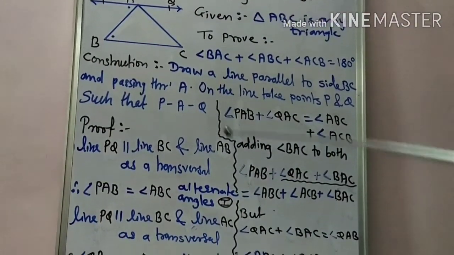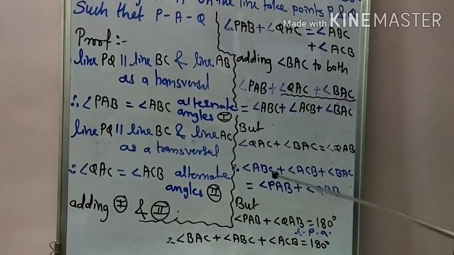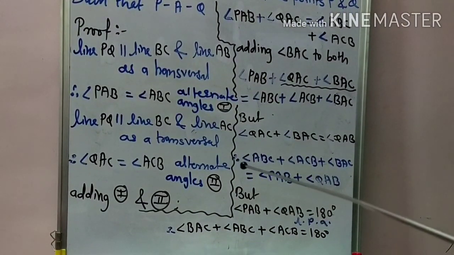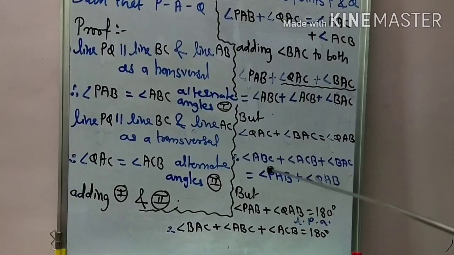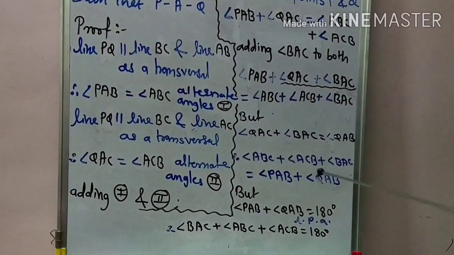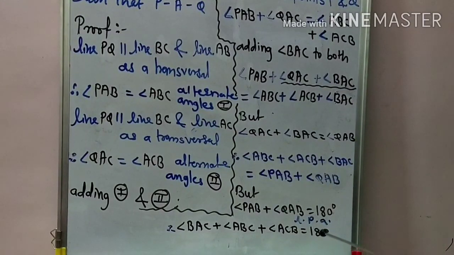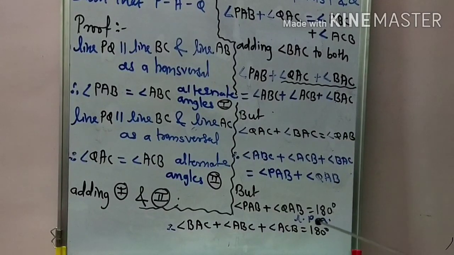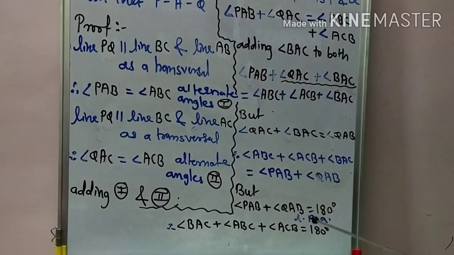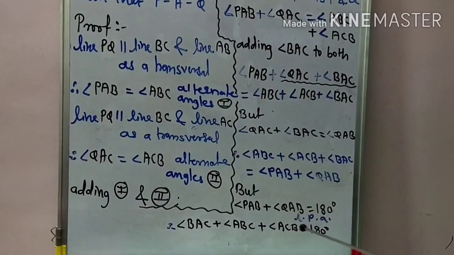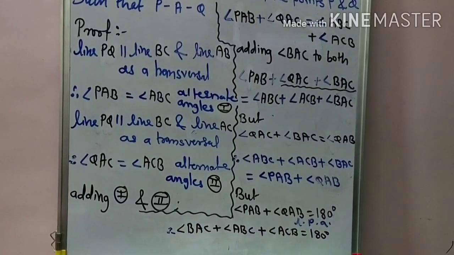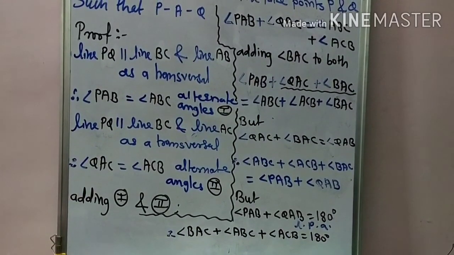Linear pair angles, and hence the sum of these two angles is equal to 180, which means the sum of the three angles of this triangle is equal to 180 degrees. Here we mention the reason in short as LPA, meaning linear pair angles. So like this, we solve this theorem for 3 marks, as the theorem is asked in the exam.